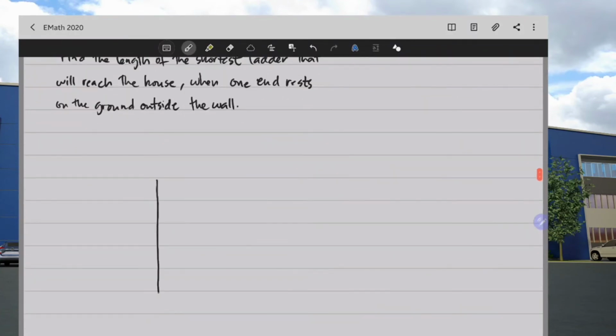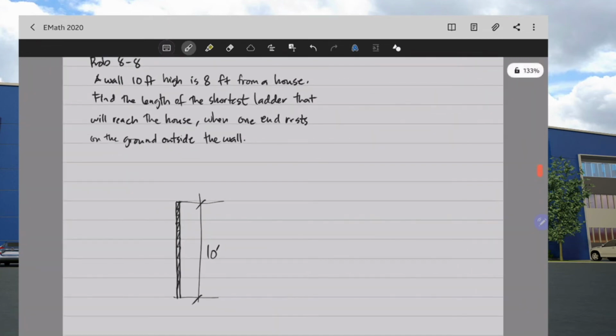So, if we draw this na lang, so this is the wall that is 10 feet high. And it is 8 feet from a house. So let's say this is the location of the house or the wall of the house. Ito yung ground dito.